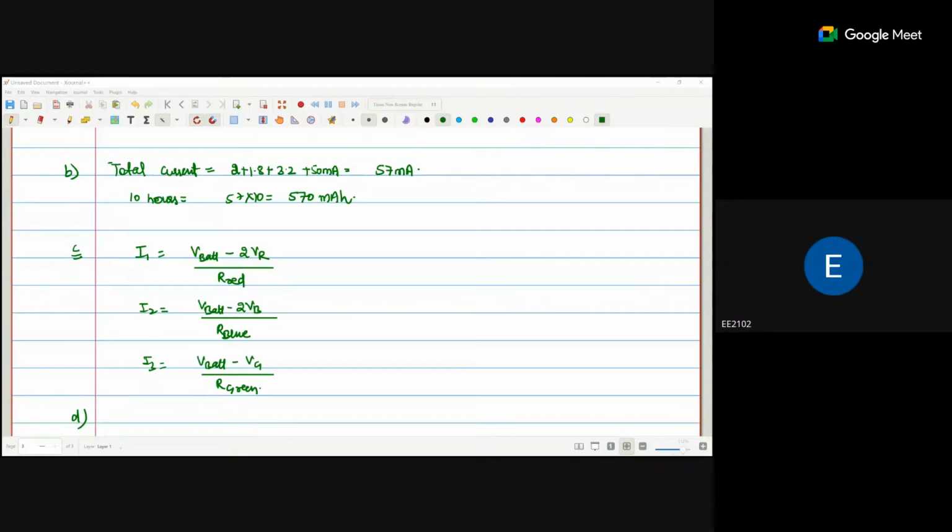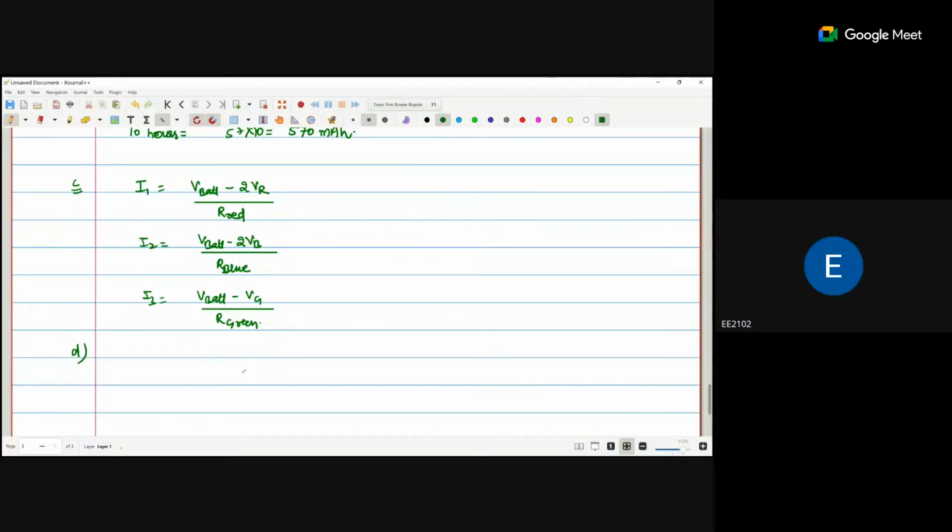If the current in all branches is 3 milliampere, then find the required resistance value. Now current is fixed, so R red is V battery minus 2VR divided by 3 milliamp. Here we have to consider V battery as 4.5 volt, that is the original voltage.